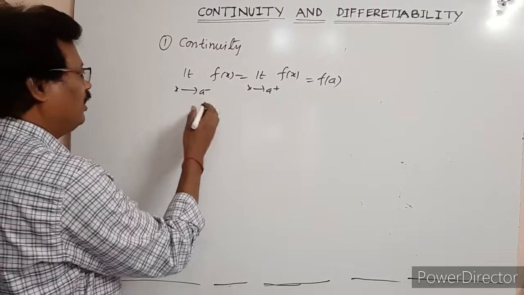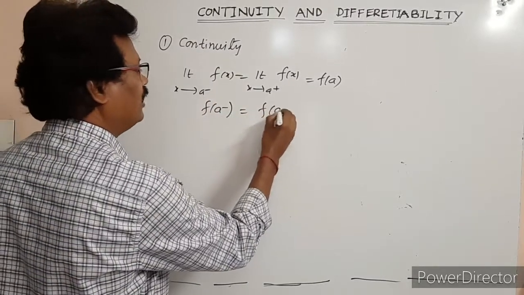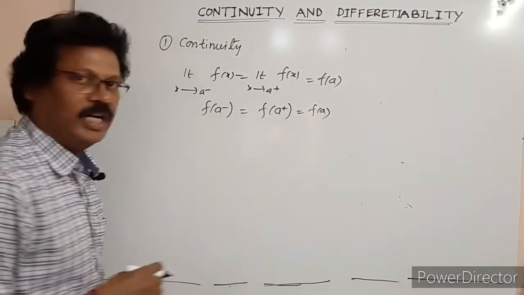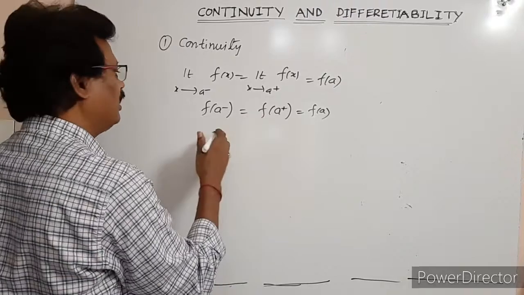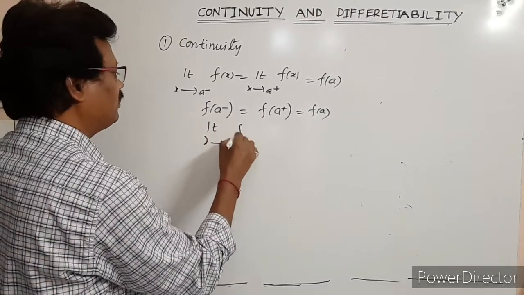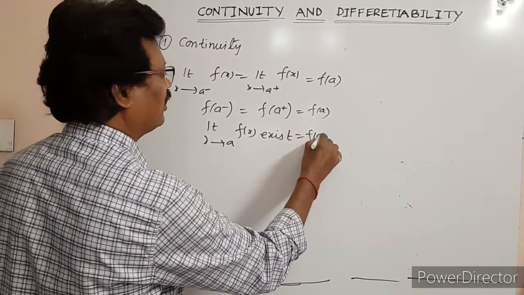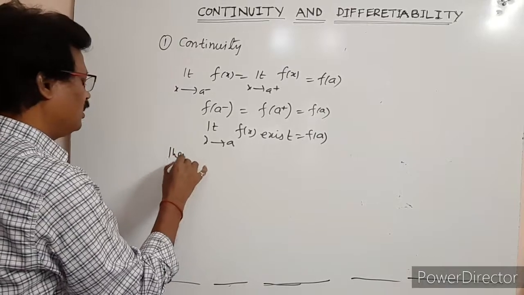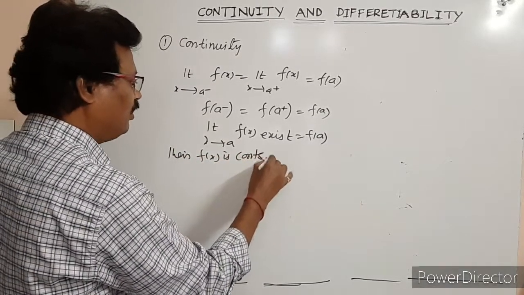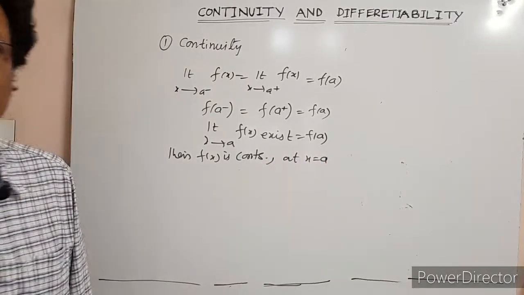The left limit symbol is f(a minus) and the right limit symbol is f(a plus), and this is equal to f(a). If the left limit is equal to the right limit, then we can say that the limit exists. Therefore, the limit as x tends to a of f(x) exists and is equal to f(a). Then f(x) is continuous at x equal to a. Therefore, this is the definition of continuity.